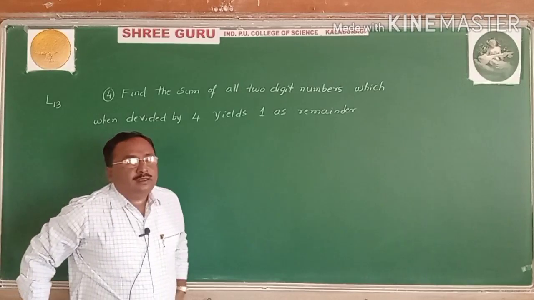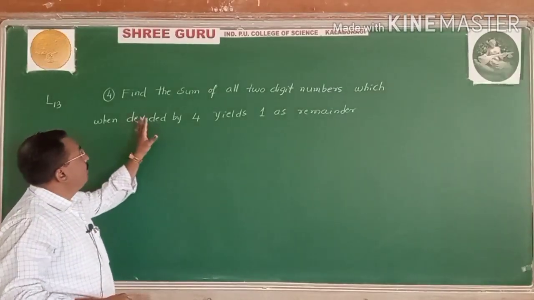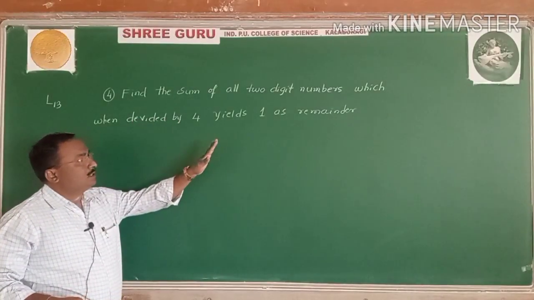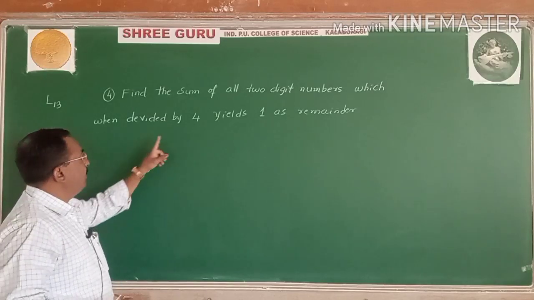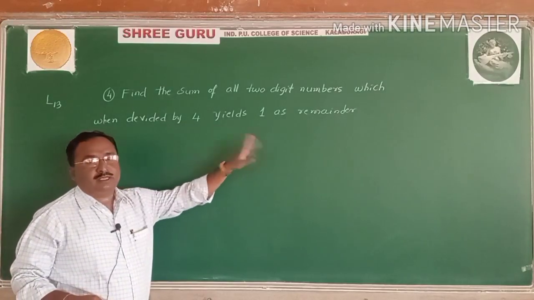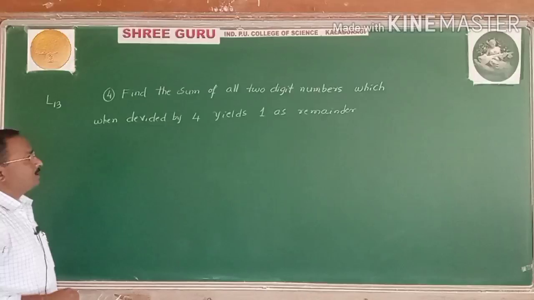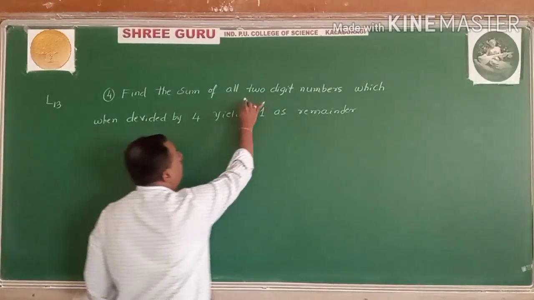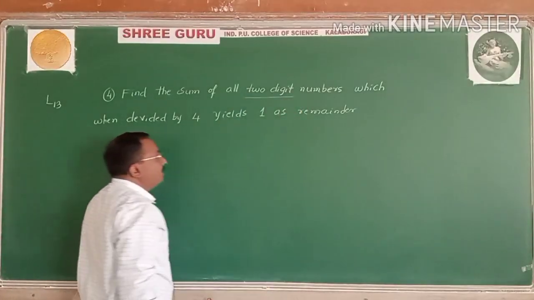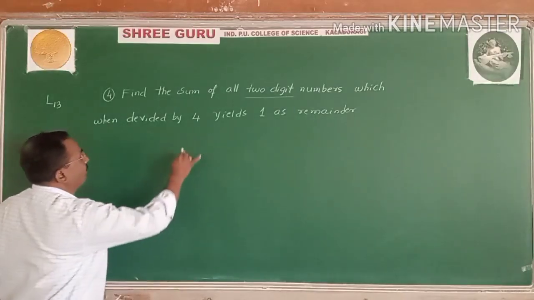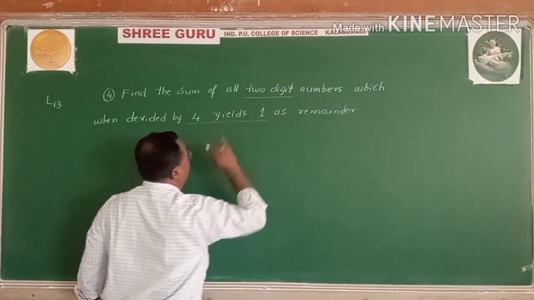Listen here. Example number 4. Find the sum of all two-digit numbers which, when divided by 4, leave a remainder of 1. Two-digit numbers, this is important.